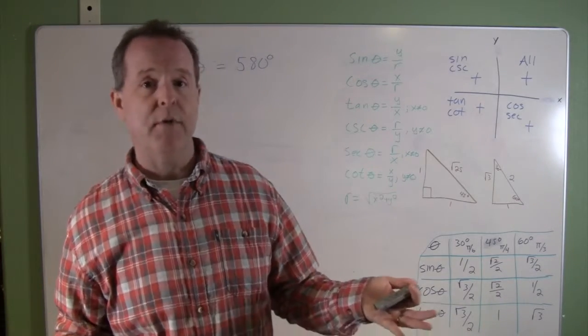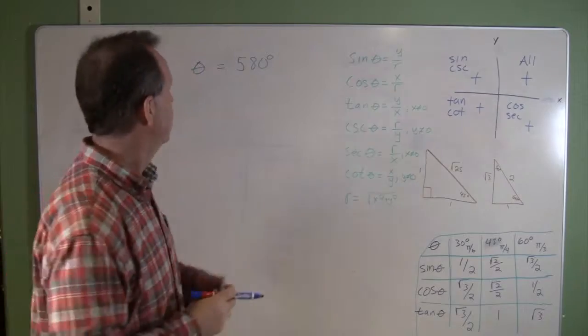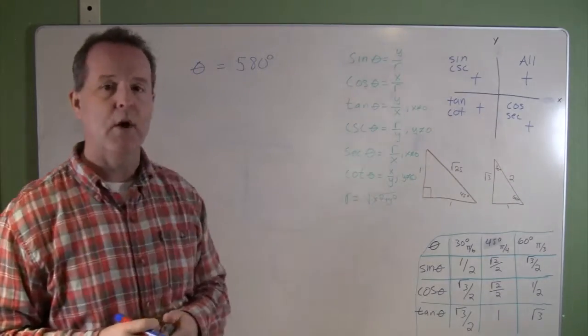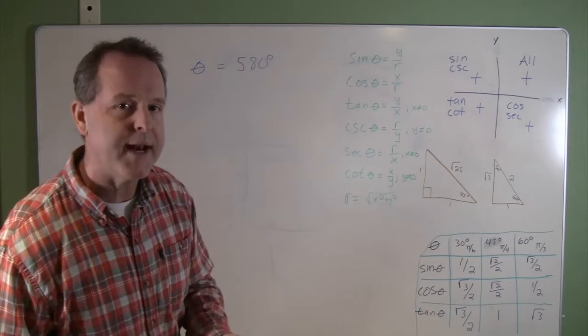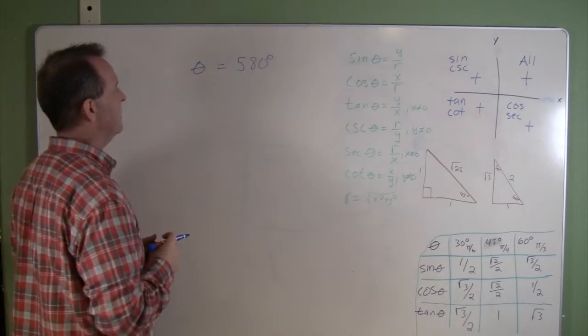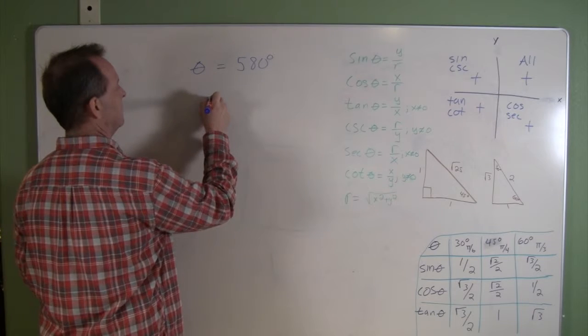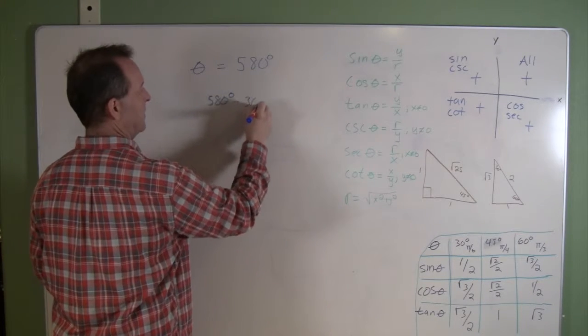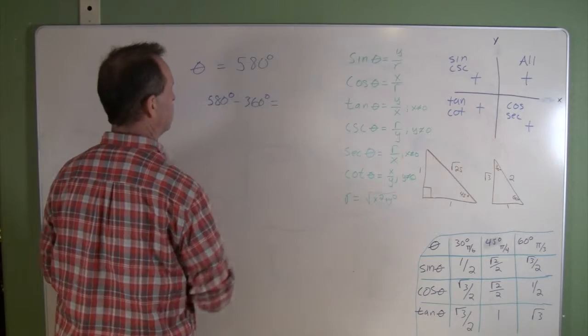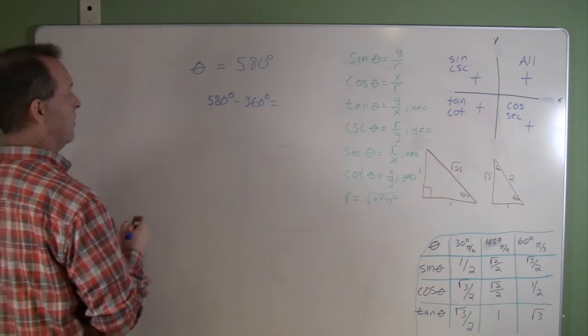Maybe sometimes you need to remove 3 or 4 or 5 rotations. But if this is in degrees, we know a full circle is 360 degrees. So we don't have quite enough for 2 rotations around it. So let's subtract out 360 degrees. And that leaves us with 220 degrees.